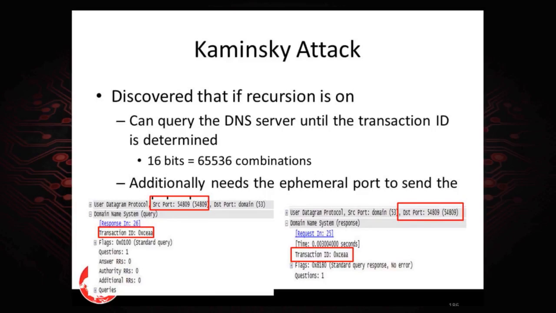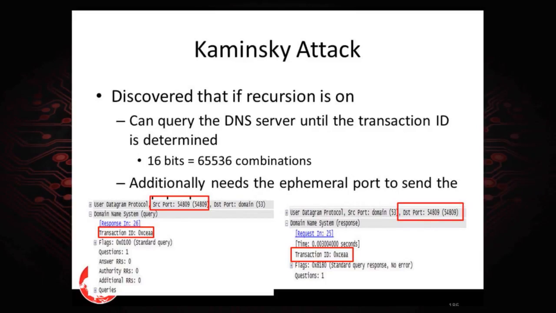So as you look at the example there, we have the source port, 54809, destination port, and we also have the transaction ID. So the 16-bit field, the transaction ID, and the ephemeral port, because ports are 16 bits if you may recall, 65,536, 0 to 65,535. So because of that, it's 16 bits. I can go through every possible combination in a pretty short time in a modern day computer.